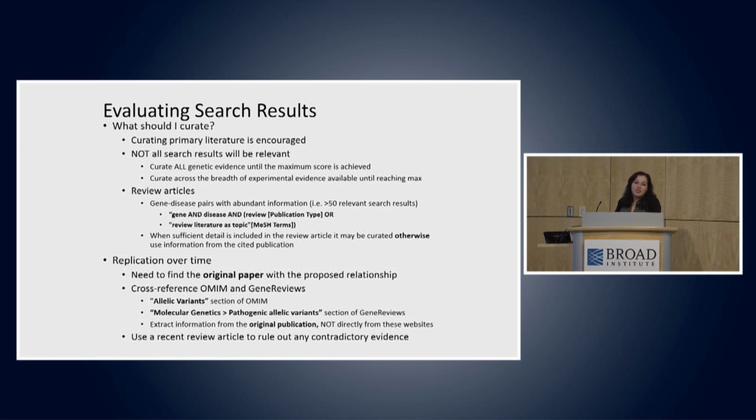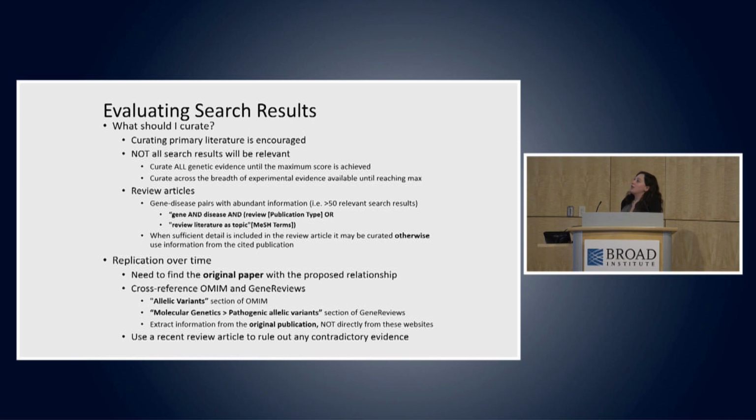And we have little summaries of our gene curations, kind of like the evidence summaries that you have for ClinVar and variants, that can give you a sense that, for example, for BRCA, variants in this gene have been found in hundreds of patients, things like that, that can give you a sense that a gene is very definitive without you having to spend all of this time maxing out genetic and experimental evidence. But I would say at least curate until you could get to the highest level that you can for gene-disease association, so at least to definitive, not necessarily maxing out the categories.